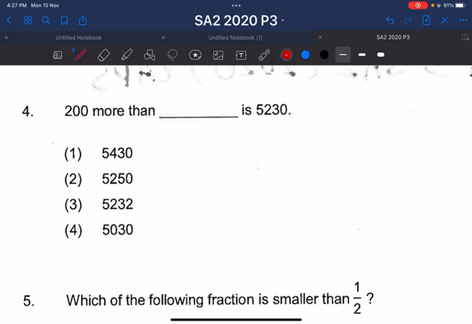Now question number 4: 200 more than what number will give you 5,230? So they're asking for a number. You have a number here. Not too sure what the number is, but if you add 200 more to it, it's going to give you 5,230. So put it this way, they are actually asking 200 and what number will give you 5,230.